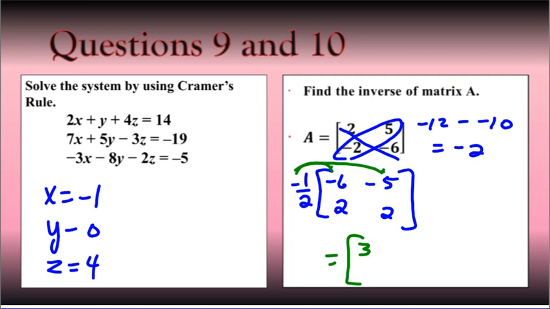Negative half times negative 5 gives me 5 halves. Negative half times 2 is negative 1. Negative half times 2 gives me negative 1. My answer would be 3, 5 halves, negative 1.